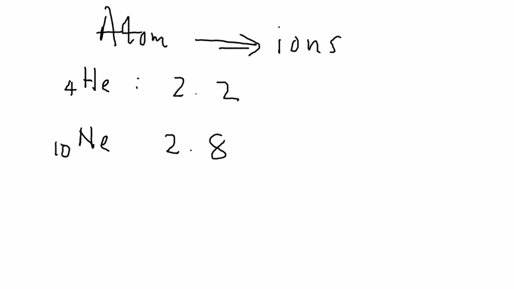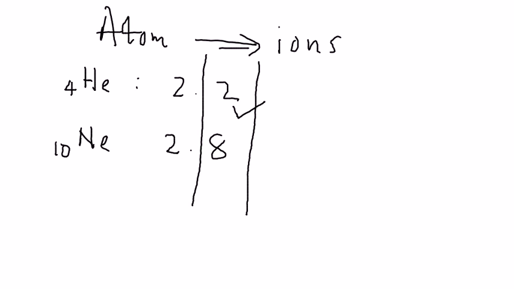As you can see, the electrons at the outermost layer are full, at a maximum number.